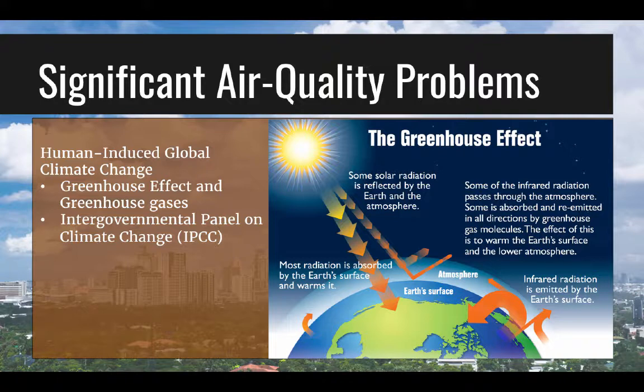Increased emissions of greenhouse gases since the Industrial Revolution is strongly correlated with temperature increases. The Intergovernmental Panel on Climate Change, IPCC, is the international group of scientists commissioned by the UN. The IPCC assesses the scientific, technical, and socioeconomic information relevant for the understanding of the risk of human-induced climate change.